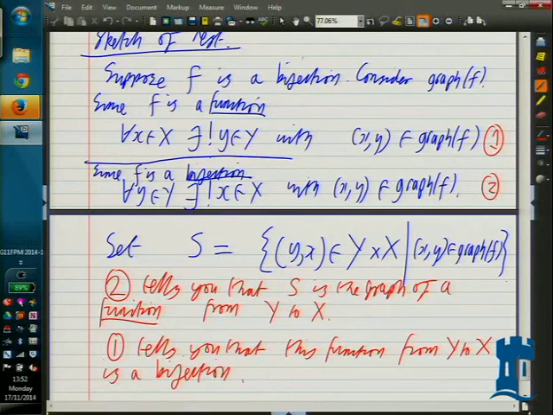Again, it's not the only way to do it. So if you call that function g, it'll be the inverse function for f.